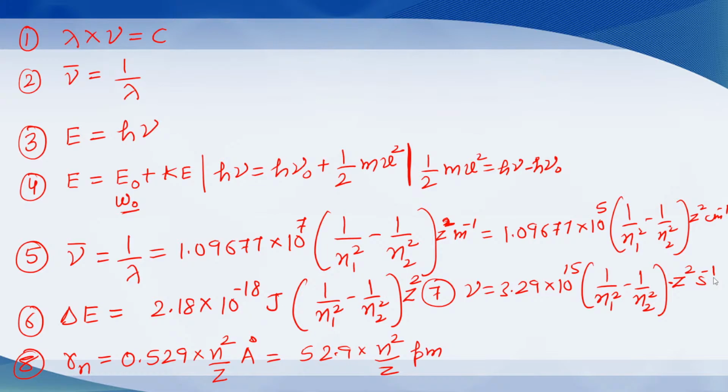That's it. So these are the formulas that you have to keep in mind. Yes, one more. Energy of nth orbit, that is minus 2.18 into 10 raised to power minus 18 joule into z square over n square. So these formulas you have to keep in mind.